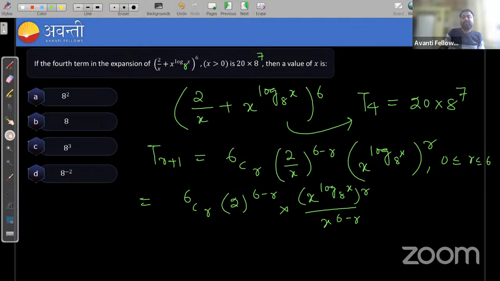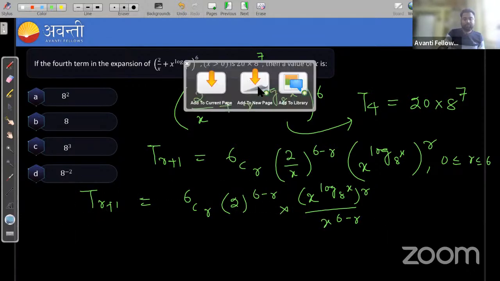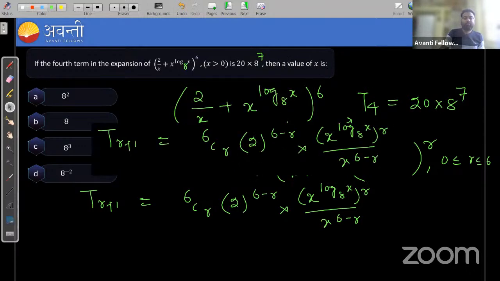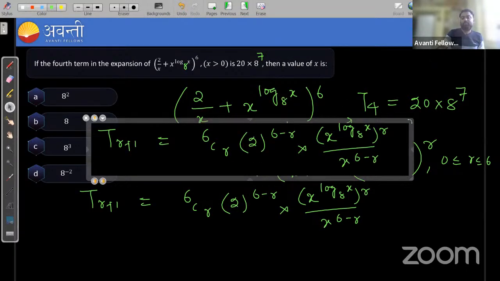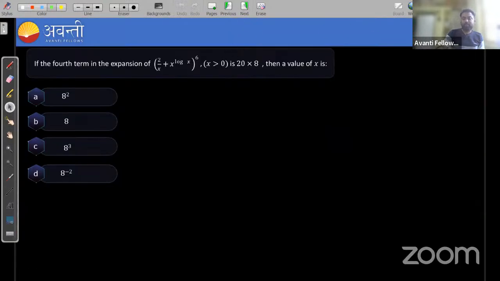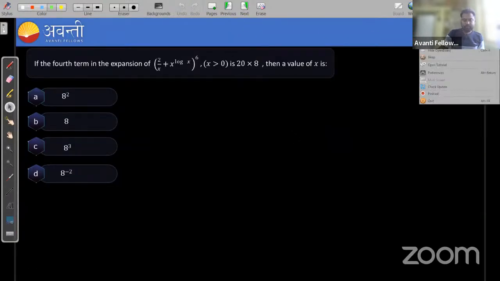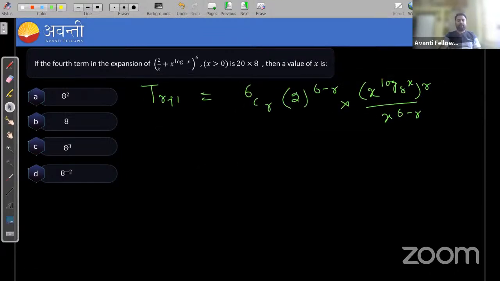Now, this is the general term of the given expansion. If I ask you to find T4, that means r plus 1 is 4, so the value of r is 3.